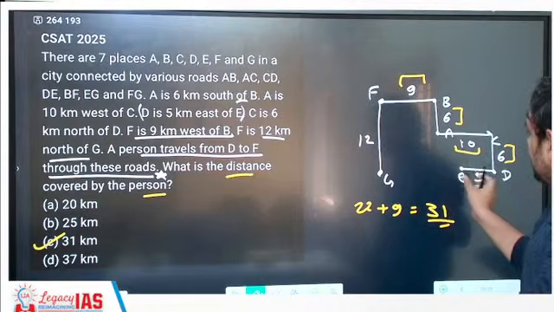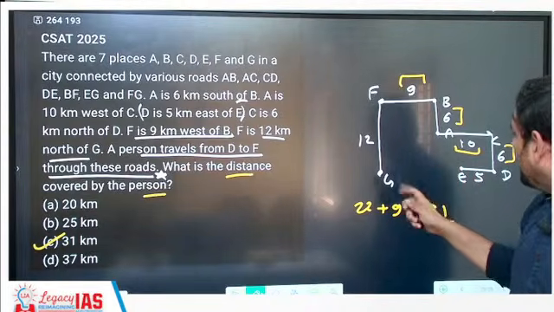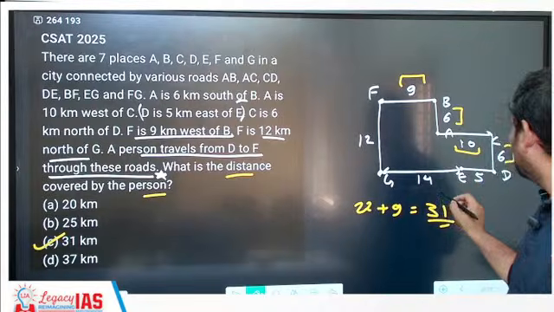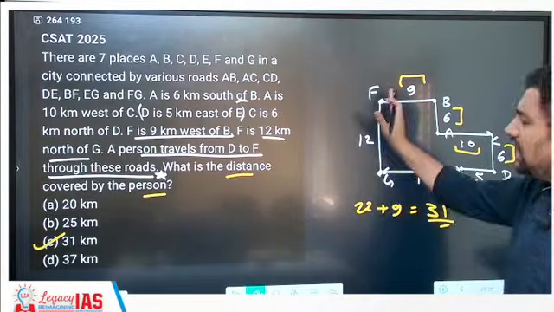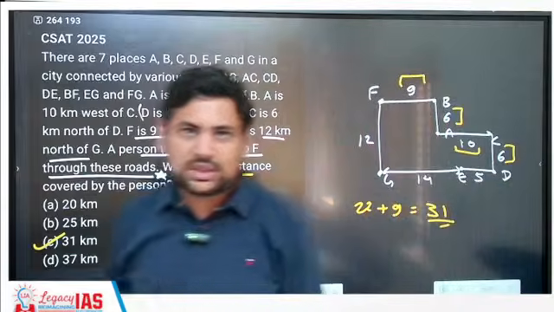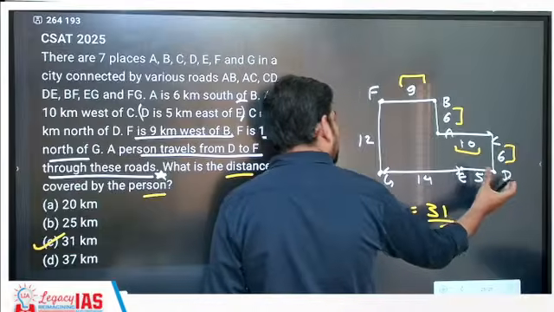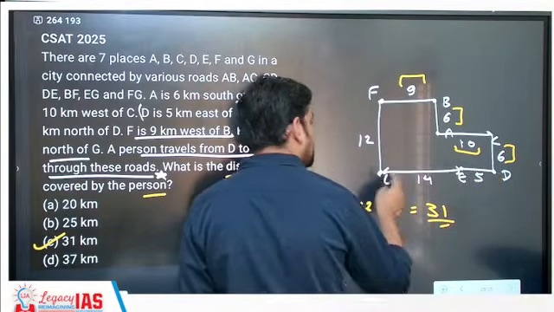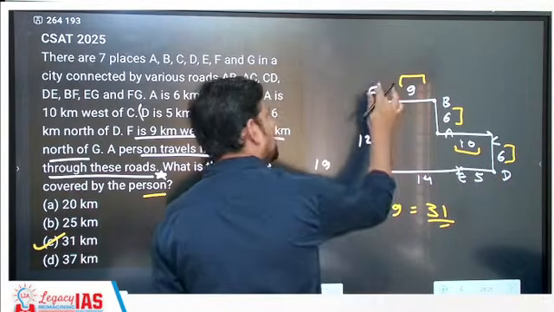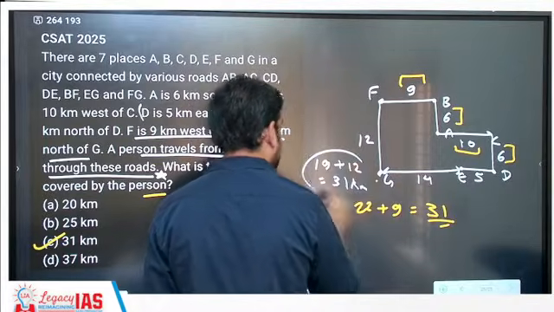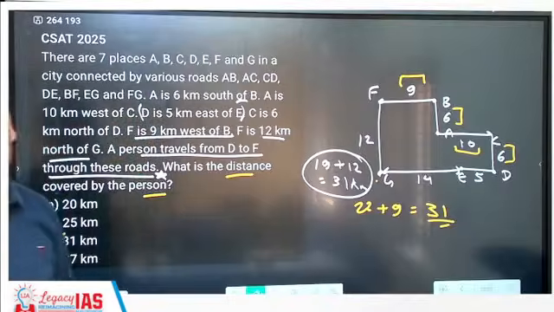So if this is 5, then this is also 5. 5 plus 9, this becomes 14. So this is 19. 19 plus 12. Yes, that also is a possible route, Satish. So 5 plus 14, you can see here, this is 19. 19 plus 12. Again, you get to the same answer of 31 kilometers. That also is perfectly fine.